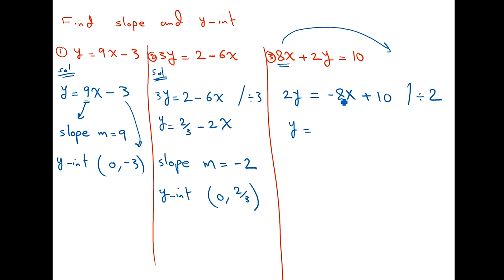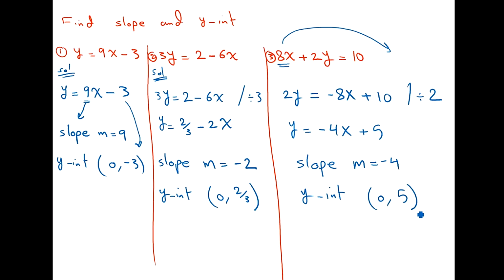So y equal negative 8 divided by 2, we have negative 4x, and 10 over 2, we have 5. So the slope m equal negative 4, and the y-intercept is (0, 5). Okay, any question?